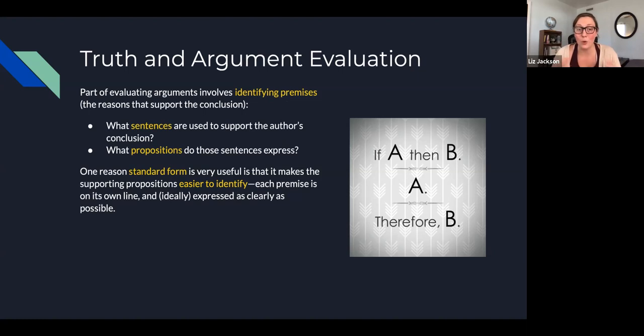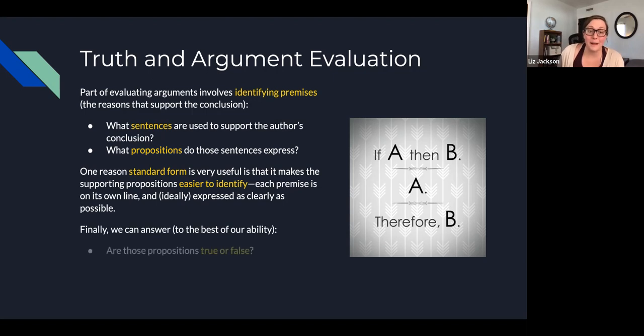They're expressed on their own line. They're often numbered, although in this picture they're not numbered, but each proposition is clearly different from the other. And on that line, hopefully they're written as clearly as possible. So it makes it easy to see what proposition is being expressed so we can determine that truth value. And then using this, we can answer to the best of our ability, are these propositions true or false? And remember, they're either true or false, not both, and not neither, like we just talked about.